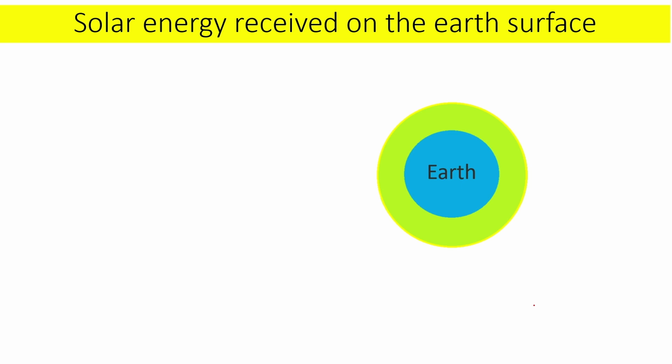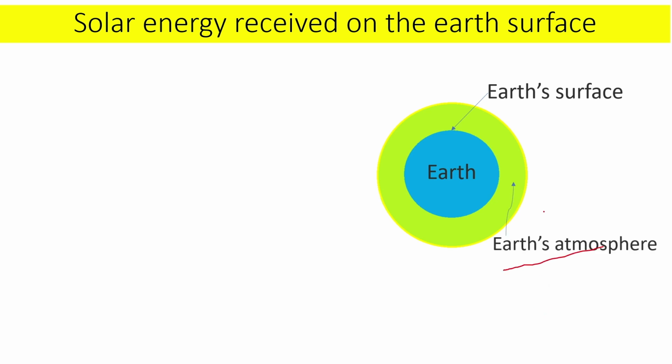These effects are because of the atmosphere, because of the various dust particles, clouds, etc. in the atmosphere. So this is the Earth's surface, and this is the Earth's atmosphere. We just calculated the solar radiation which is GSC at the mean Earth distance. This is the GSC coming.